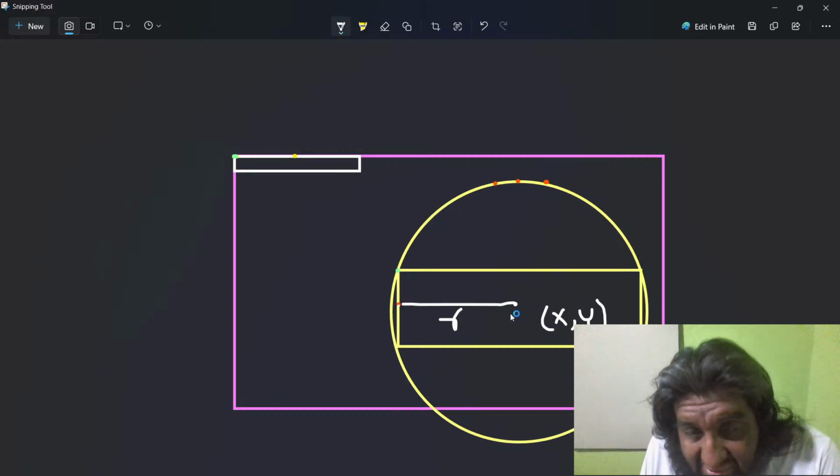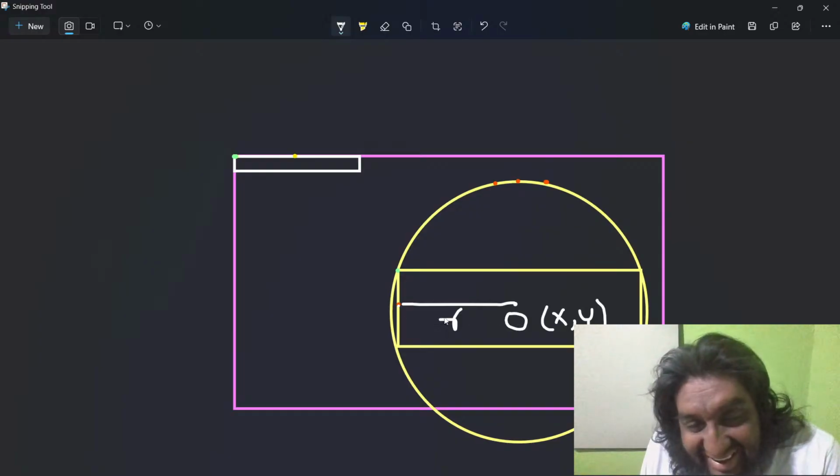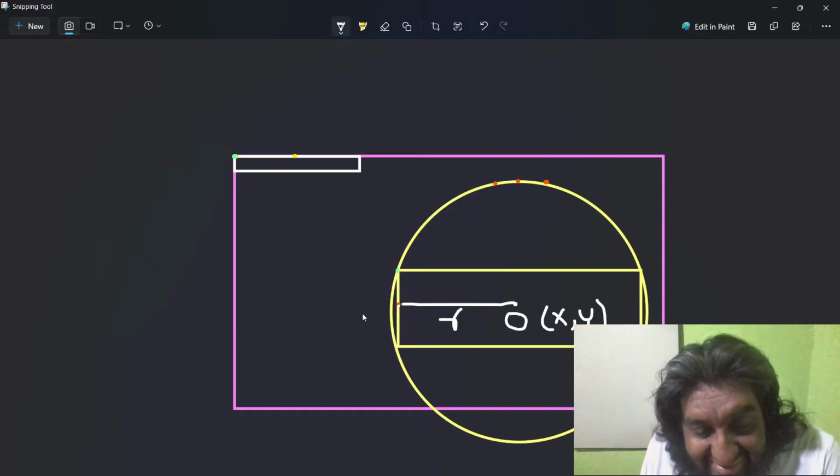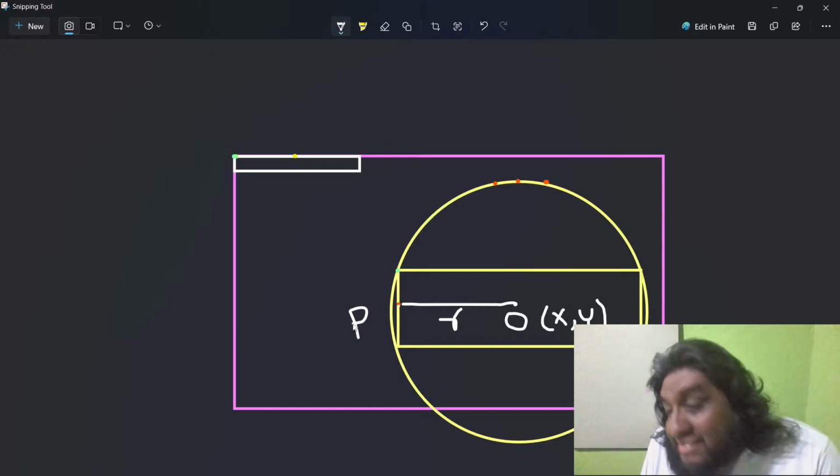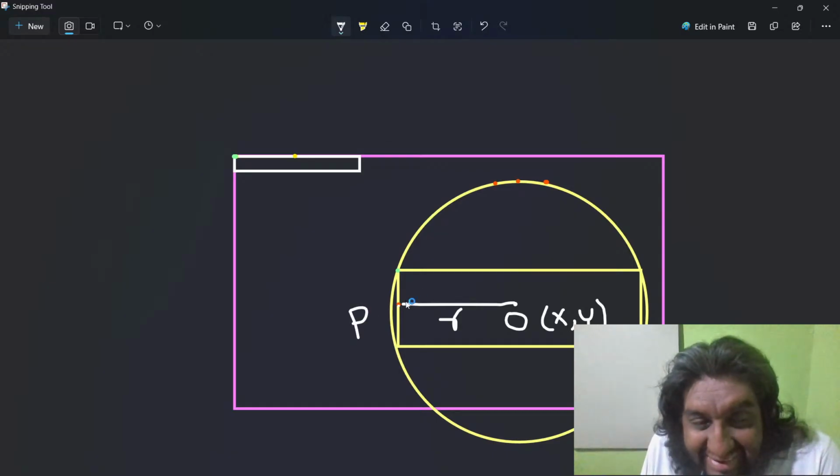So let's call this O because you know the origin, and let's call this P because that's what they use. We need to find P prime.